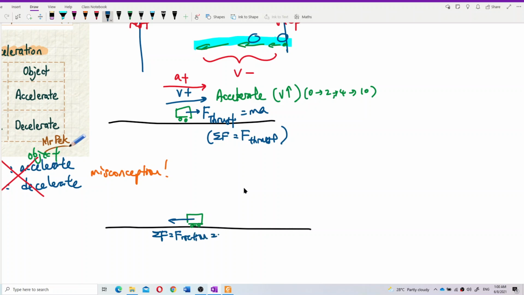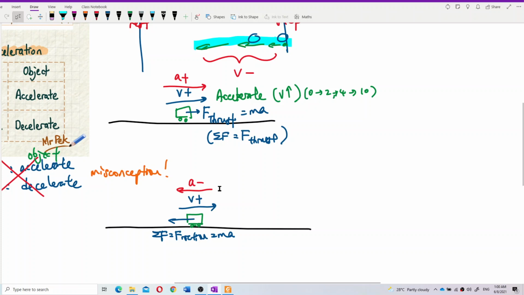The friction is moving to the left, isn't it? F equal to ma, friction. But the car is still moving to the right, so car velocity is positive. But now the force is to the left, so the acceleration is in the opposite direction, a negative.